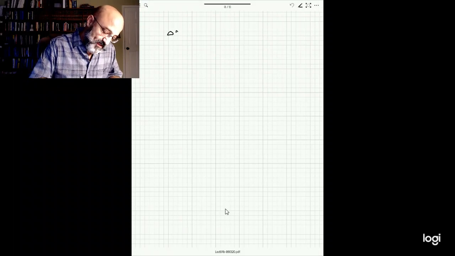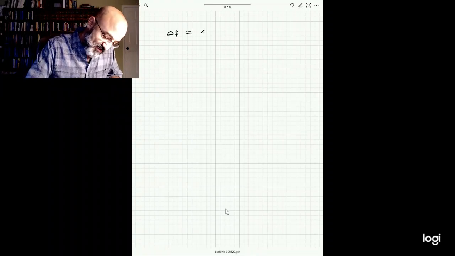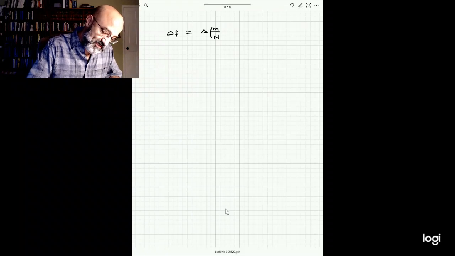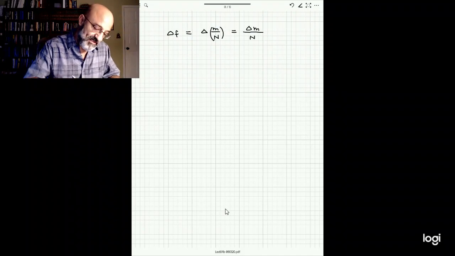Let me just write it like that. The standard deviation for the frequency is going to be the standard deviation of this quantity here, and because n is a constant, we can pull it out of all of those summations.